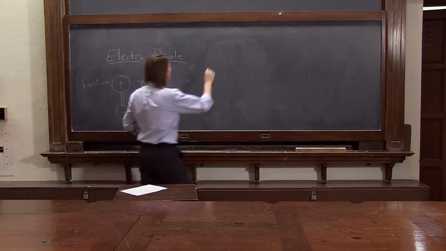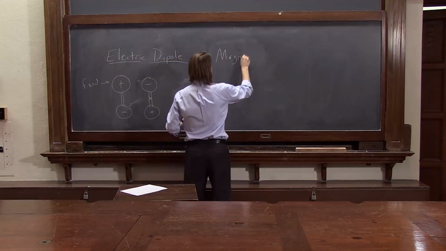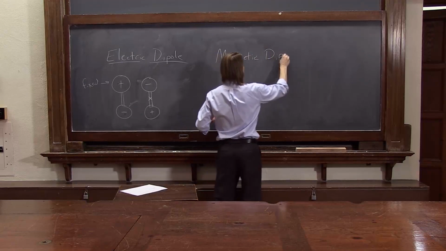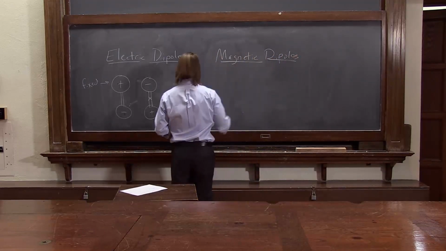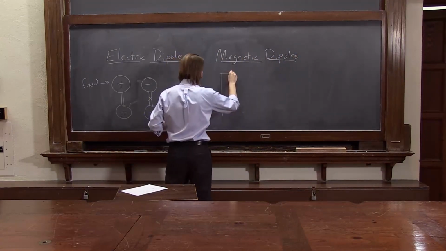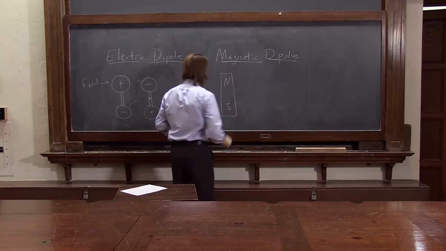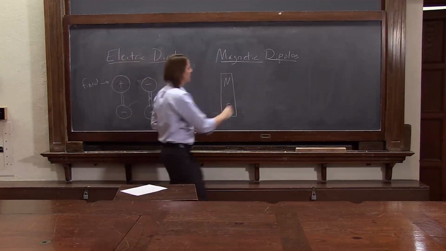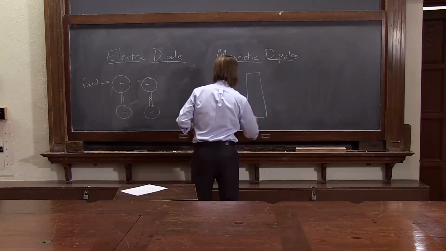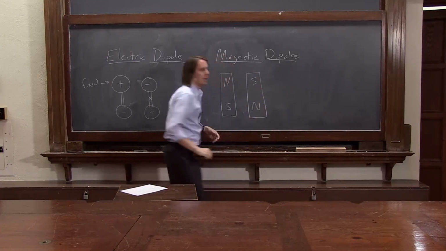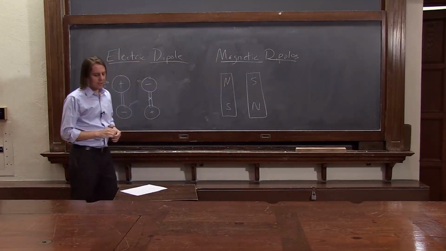So what we just saw was the same thing for magnetic dipoles. If we have north here and south there, we just said they like to align like this. We have south here and north here. So it's basically the same thing.